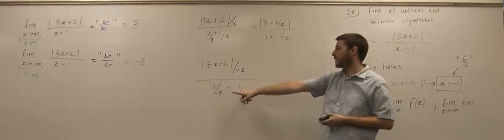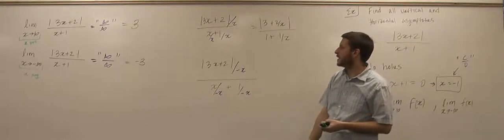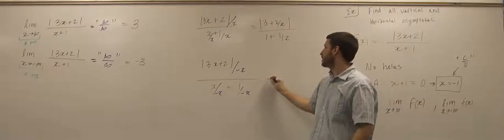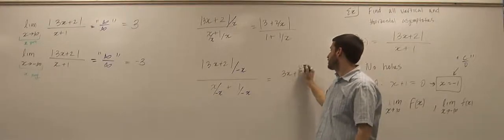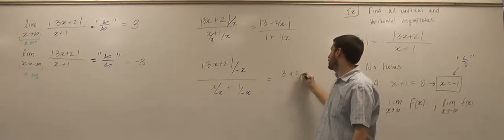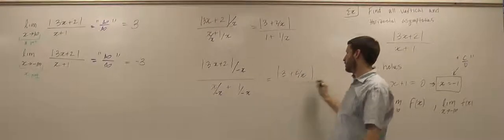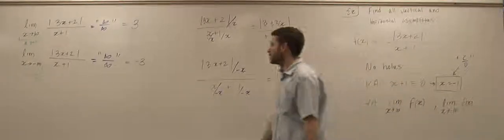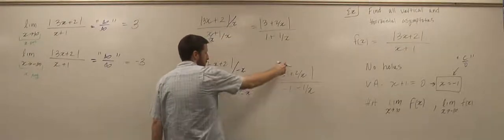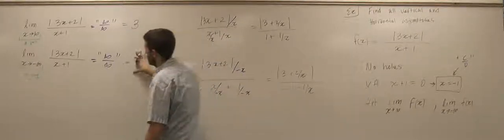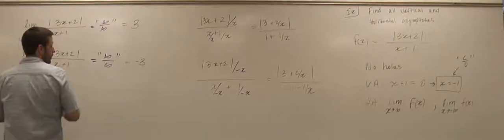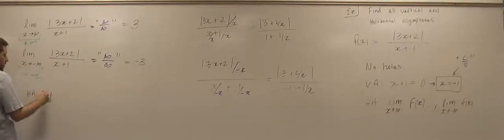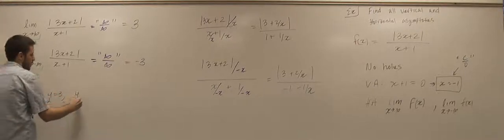But then on the bottom you get negative 1 minus 1 over x, so you'll end up with a negative here. So when you do your limit, this one will go to 3, this one will go to negative 1. So your horizontal asymptotes, you have 2 of them here. To answer the question, y equals 3, y equals negative 3.